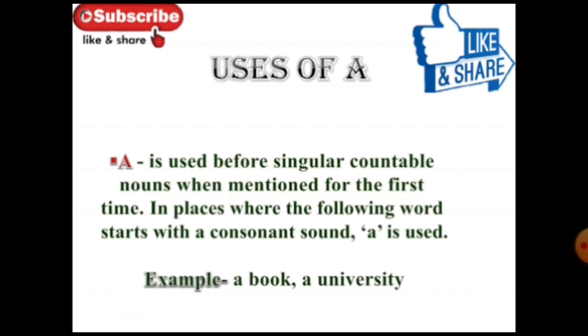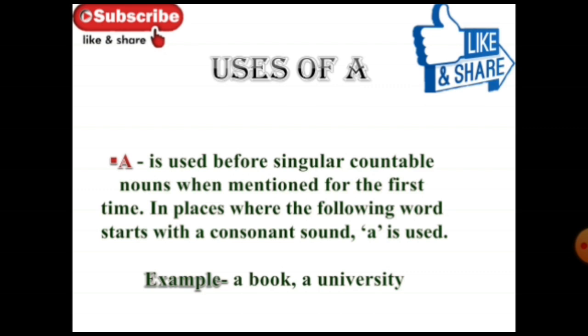It is written as the first letter of the English alphabet, but it is pronounced a, not ay. Where the following word starts with a consonant sound, a is used.